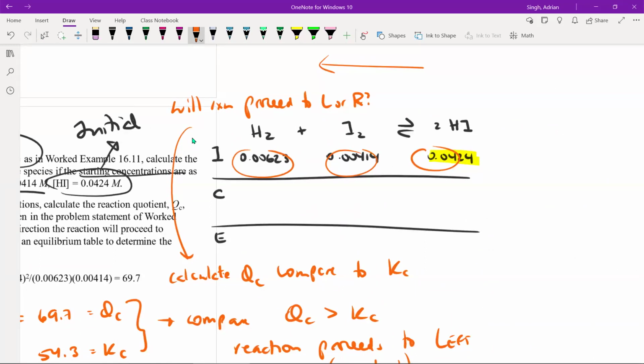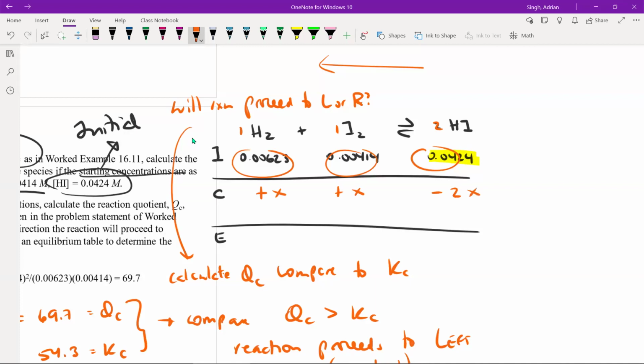We're simply going to add x. Again, we define the change in terms of x. According to the 1-to-1-to-2 stoichiometry, if we gain x in H2, we also gain x in I2. And the change in the HI is that we're going to use some of it up: 2x.